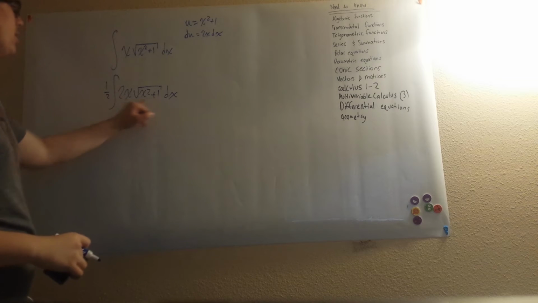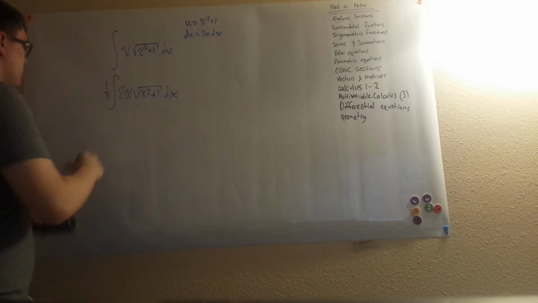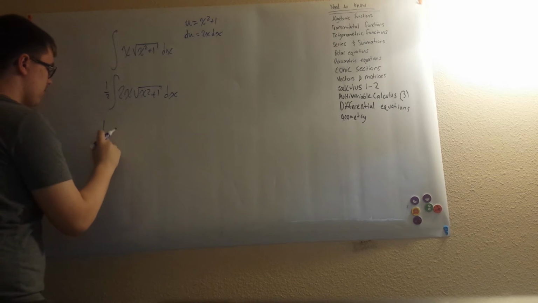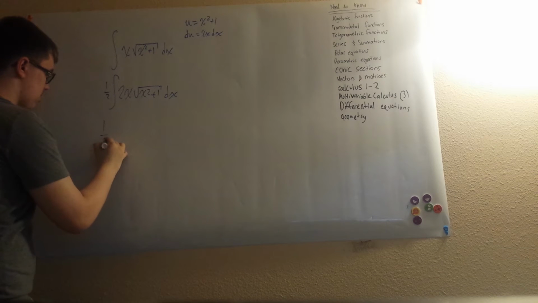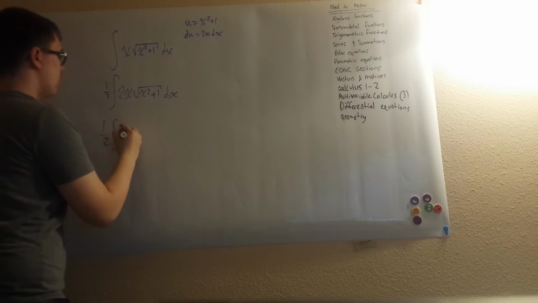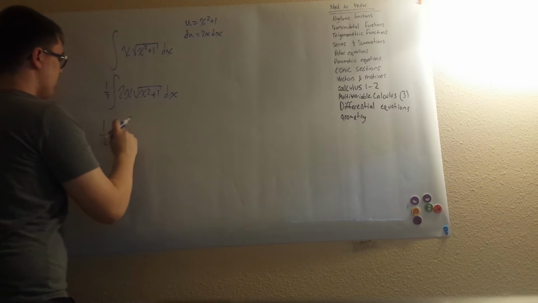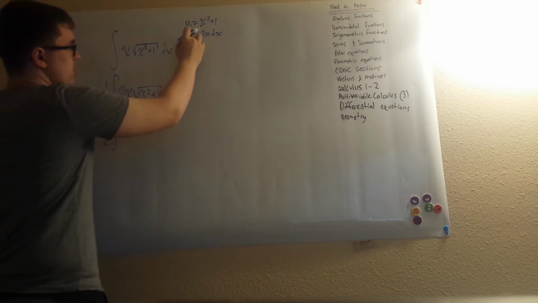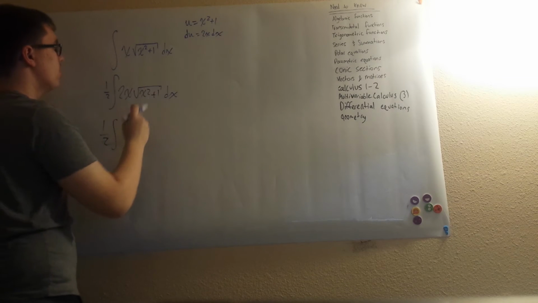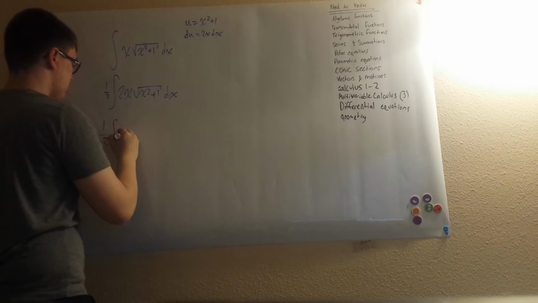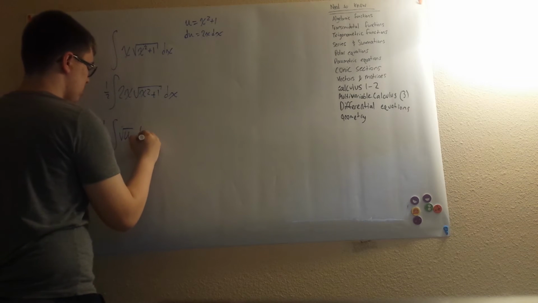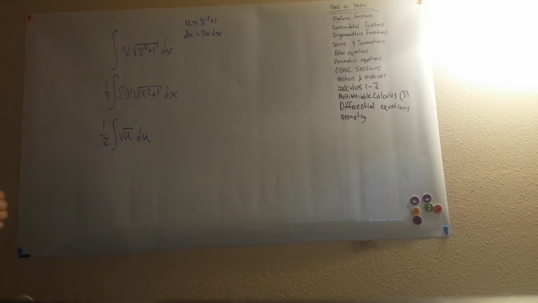Now we have a 2x dx, right? So let's substitute. So this is 1/2 the integral of what? This stuff disappears because that trades in for du, and this stuff trades in for u. So we just got root u du.